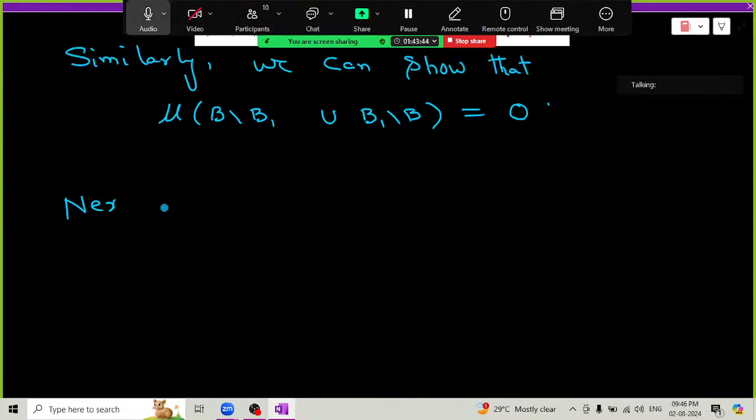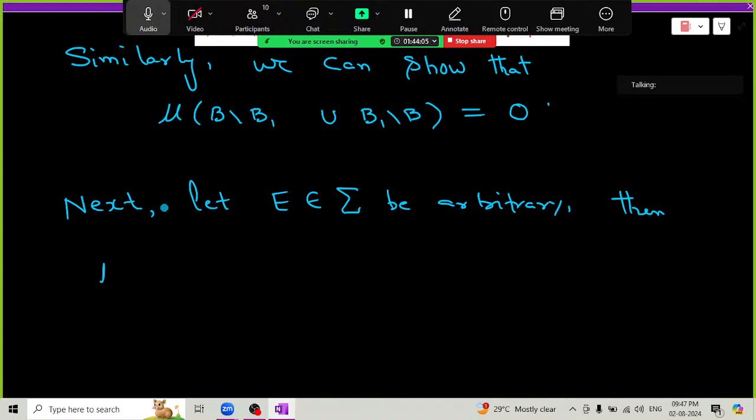Next, let e in capital sigma be arbitrary. फिर क्या होगा अगर ऐसा है, then mu of a intersected with e हम इसे लेंगे. अब इसको देखिएगा कि मैं इसको कैसे लिखूंगा.